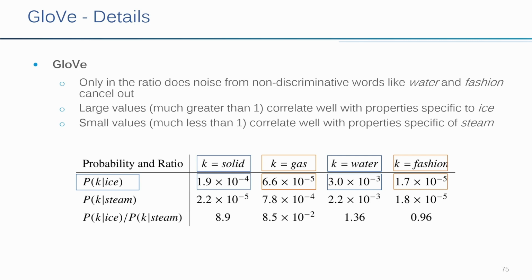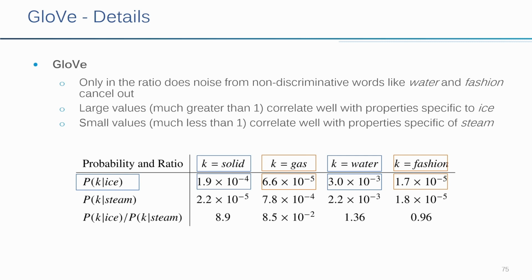If the word is not related to ice, we'll see that the values are really, really low. Again, if the word is related, the values are higher. And with a word that is not necessarily the opposite, gas is kind of the opposite of ice, but fashion is totally unrelated, you end up with those values.